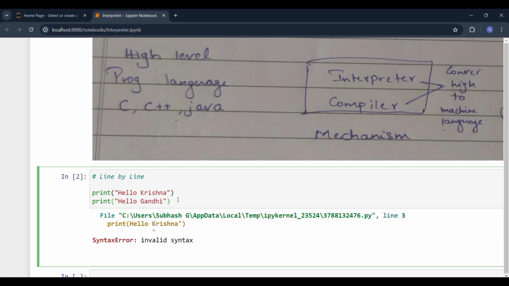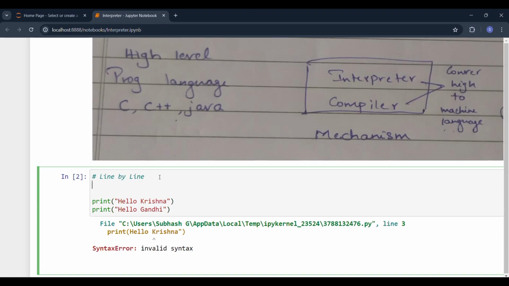Hope you guys understood how this interpreter works. Now there are a few things we have to remember about the interpreter. The execution of the interpreter will be very slow because it checks line by line.